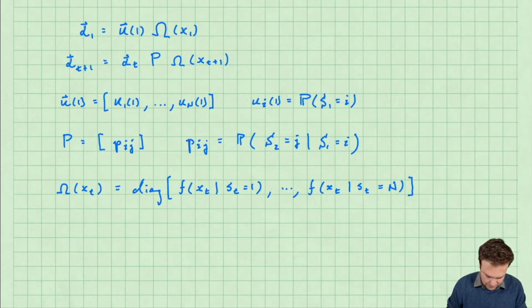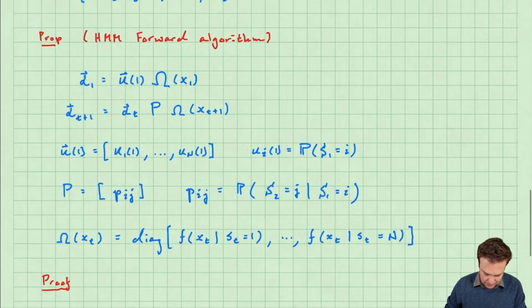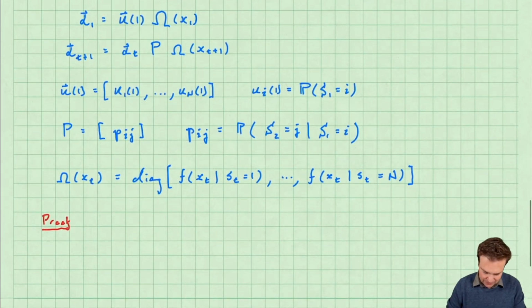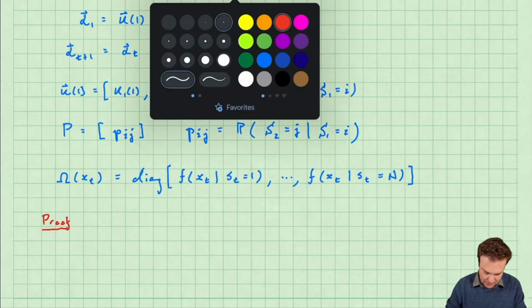All right, so here's the proof. There's really kind of two pieces here, right? We're trying to prove this line and this line. And the first one is really easy to do, so let's just look at that one first.